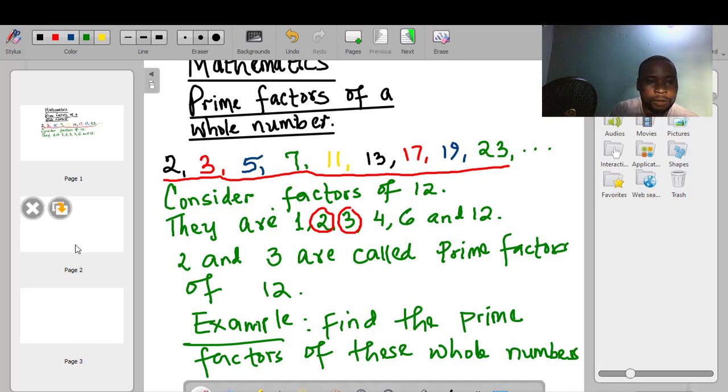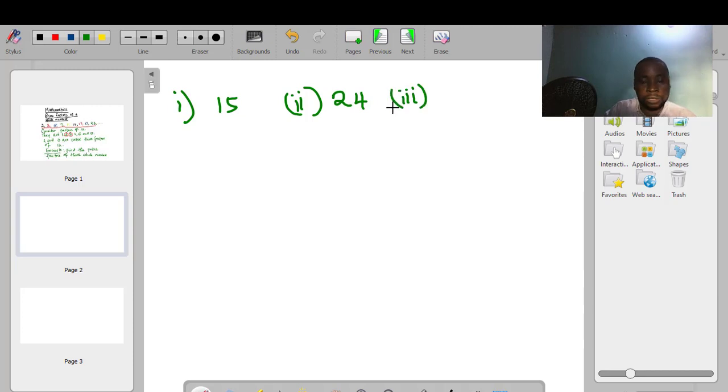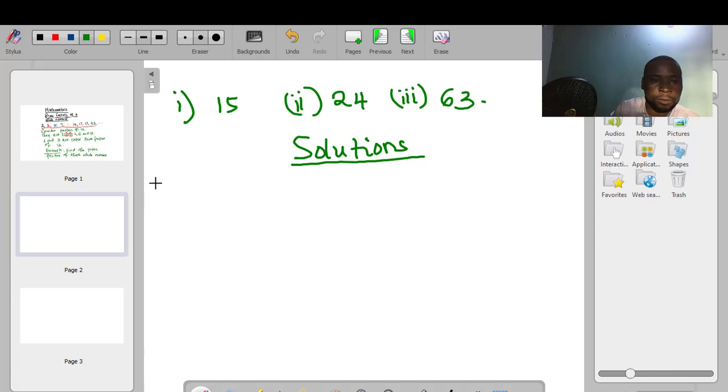Let's say we're looking at the first number, 15, the second number, maybe 24, and the third number, let's say 63. So let's take that solution. Let's find the prime factors of this number.